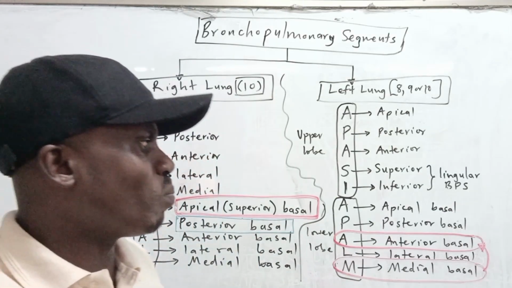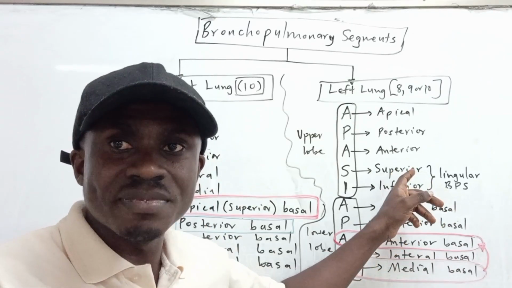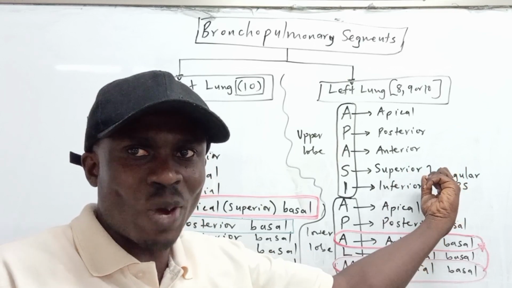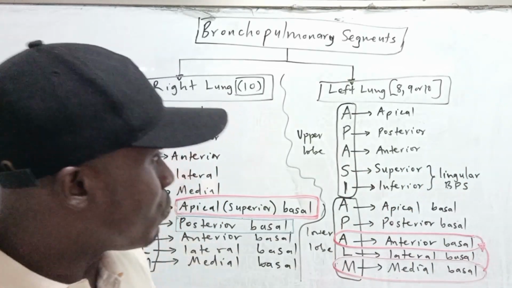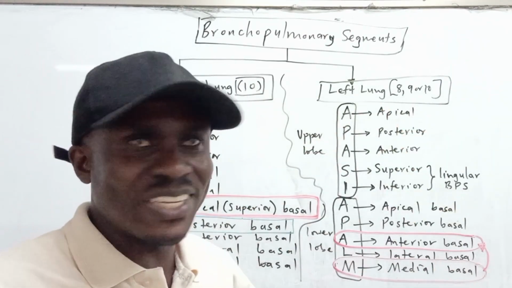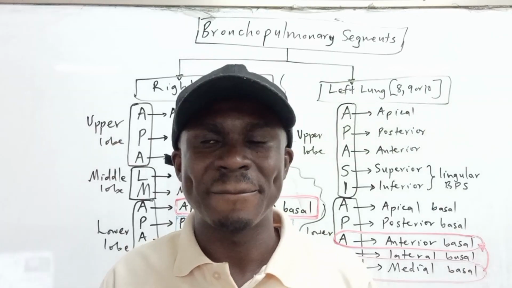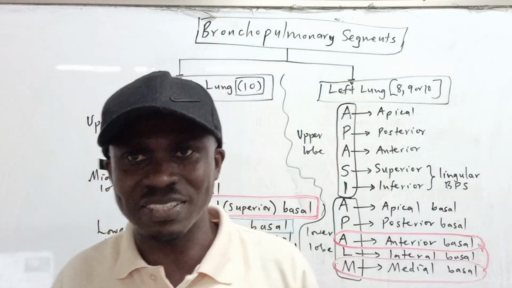If it is 9, then this is fused, these are separate. Or you can say this is fused together as one thing, and then these are also separate. We'll give you 9. But if you treat them as separate entities, we are going to get 10 bronchopulmonary segments. This is extremely important that you understand this.